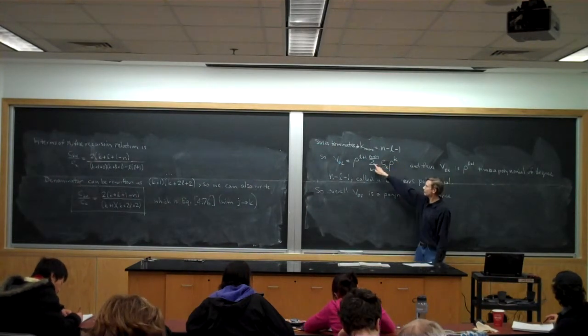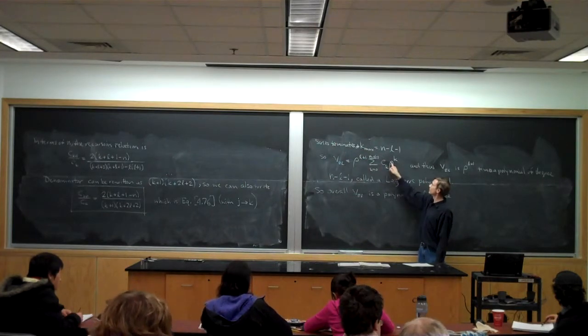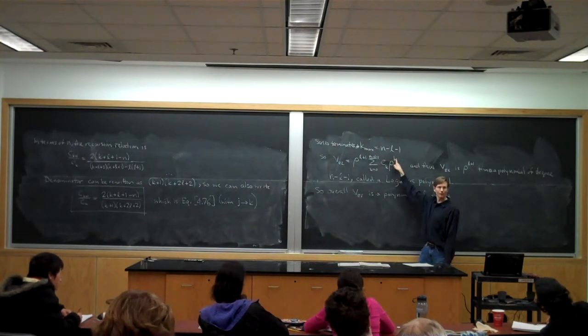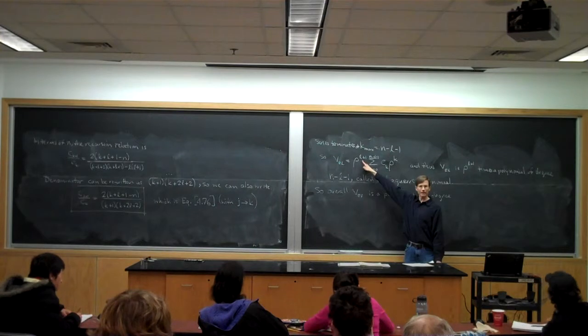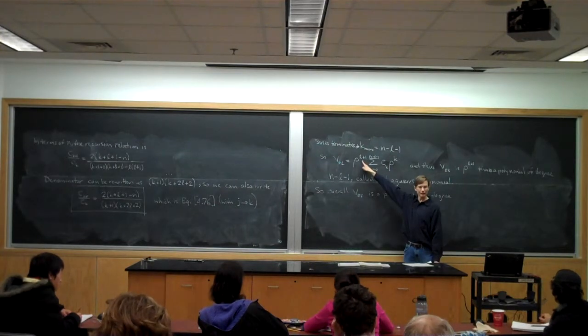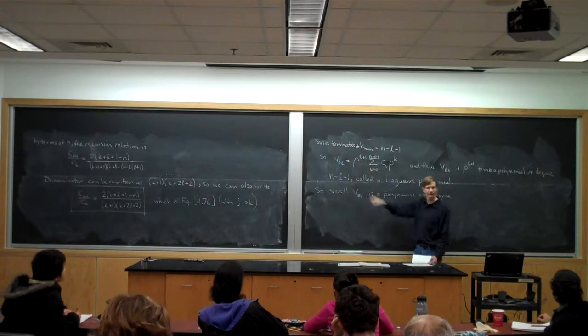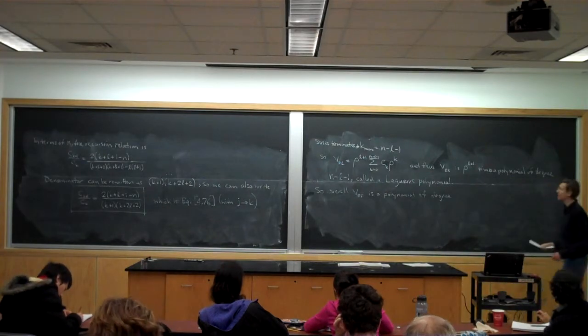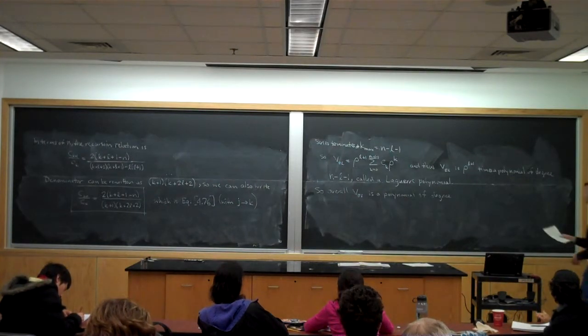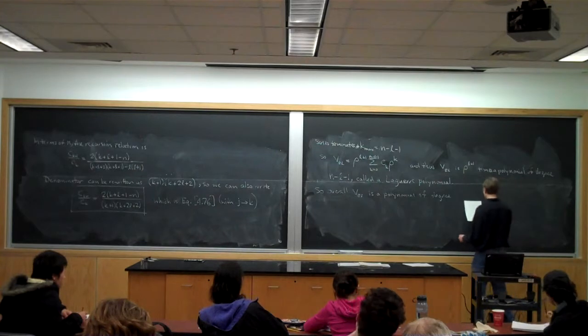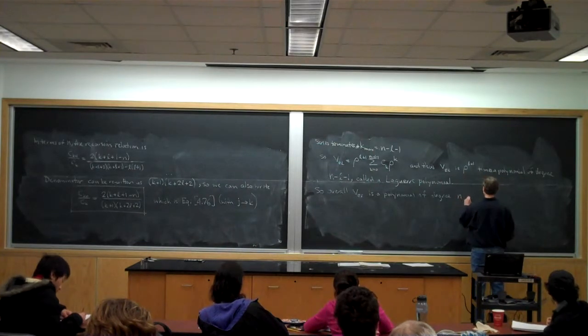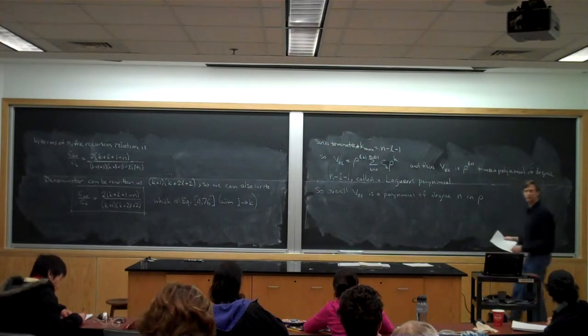Because the highest in the summation is rho to the n minus l minus 1, and then I multiply by rho to the l plus 1, and so I get rho to the n as the highest power that appears in that polynomial. So v_l is a polynomial of degree n in rho.